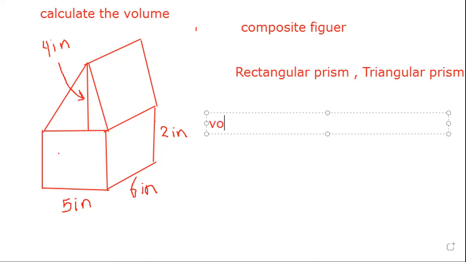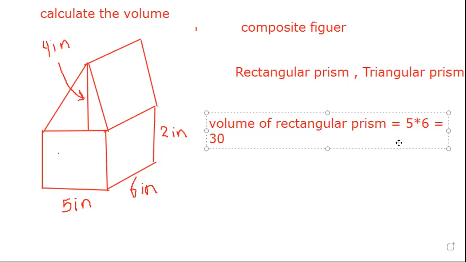So the volume of the rectangular prism equals base area. The base here is a rectangle, so the area equals 5 times 6, equals 30. So let me write the rule first, so we don't forget.